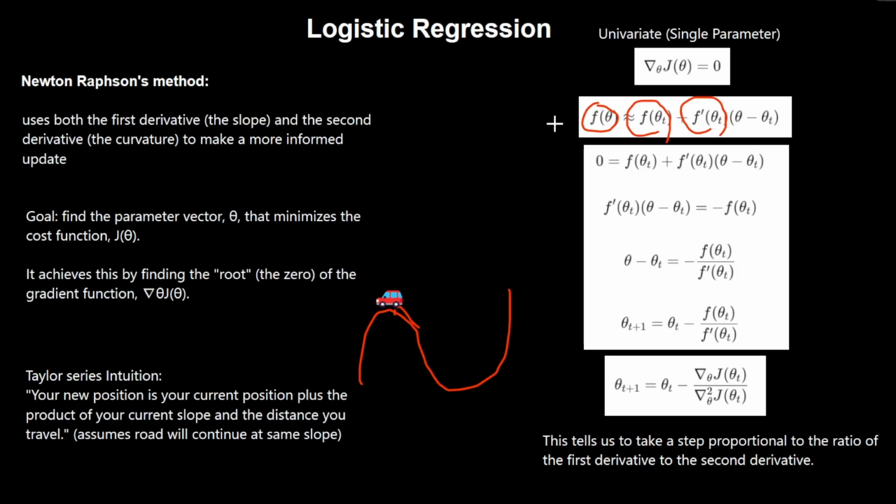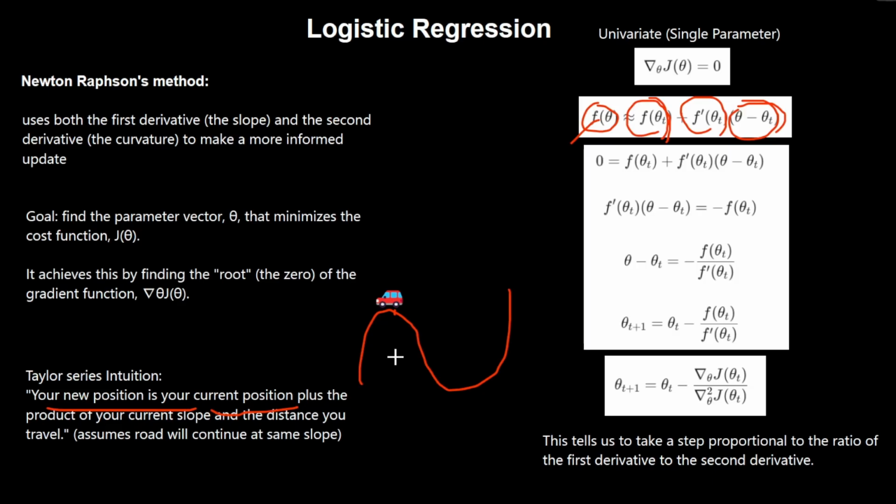The overall intuition of this example is that your new position is your current position plus the product of your current slope and the distance you travel, which is the difference between the initial and final position. This is based on the assumption that the road will continue at the same slope.